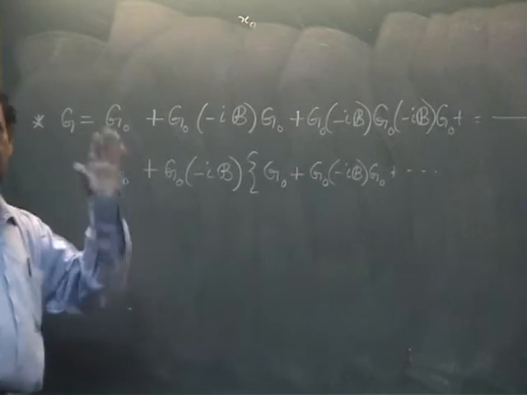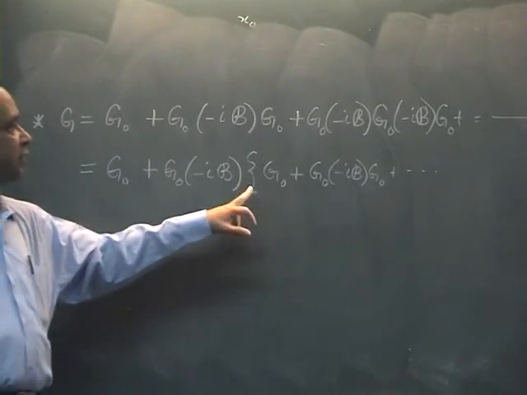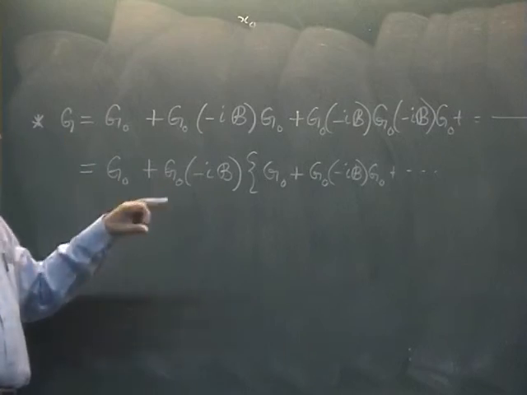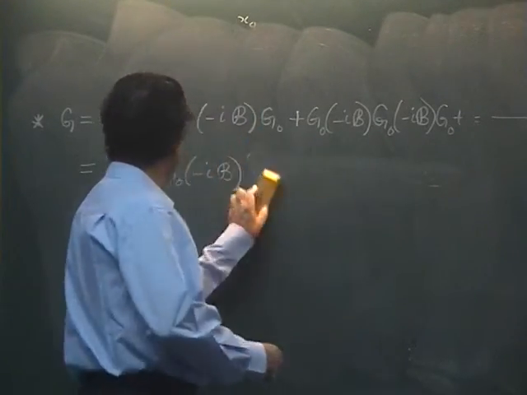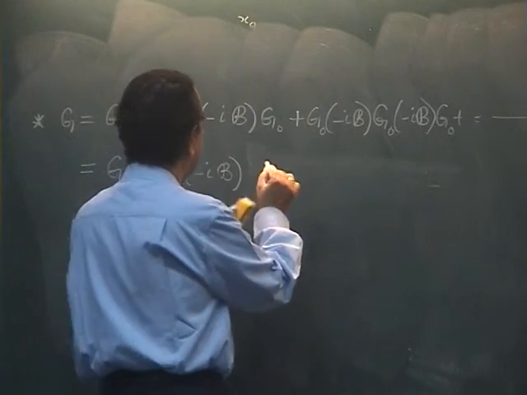Right? It's the old way of summing up the geometric series. So this quantity is nothing but G itself. So you replace this whole thing by G again, and then you solve for G.